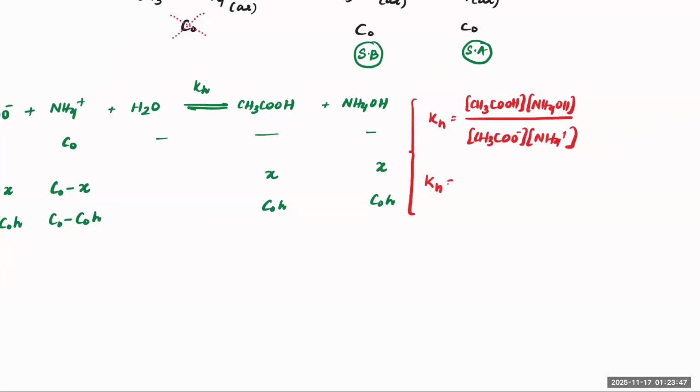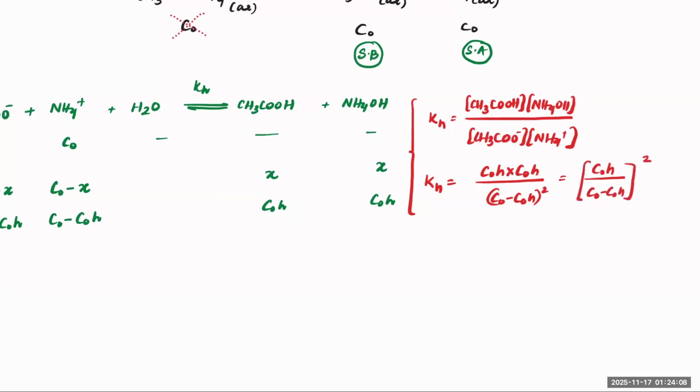And KH in terms of concentration terms is given as C naught h multiplied by C naught h divided by C naught minus C naught h whole square. So here, in short, it is C naught h square by C naught minus C naught h whole square.